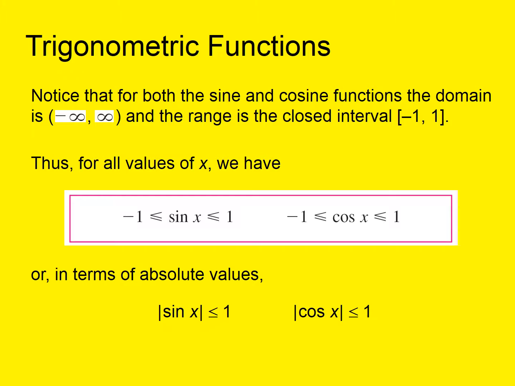The same is true of cos x. Or we could write it using absolute values. These inequalities are the same. Absolute value of sine x is less than or equal to 1. The same is true of absolute value of cos x.